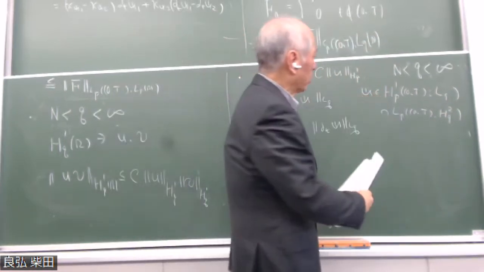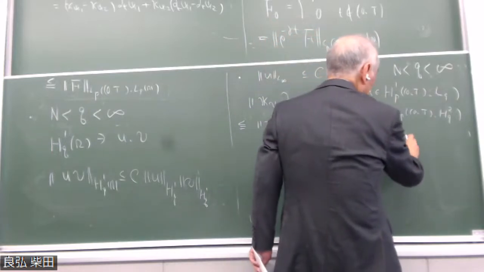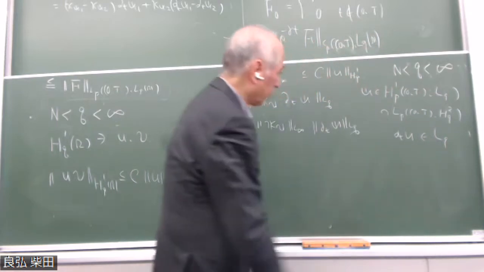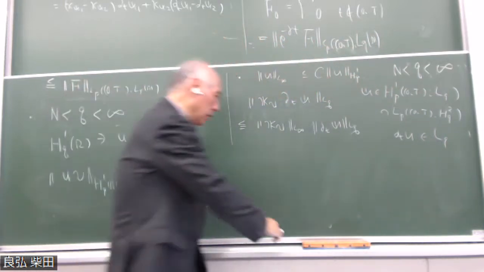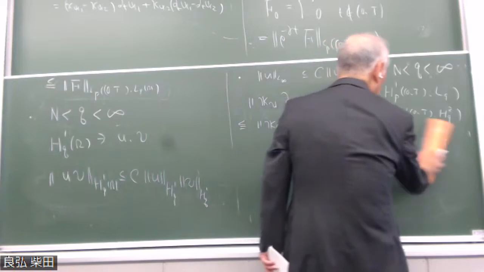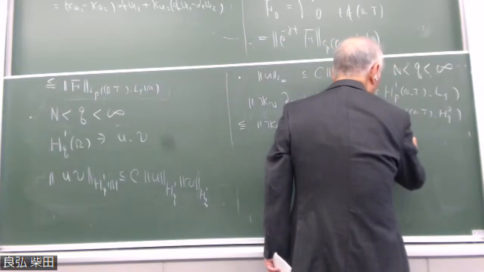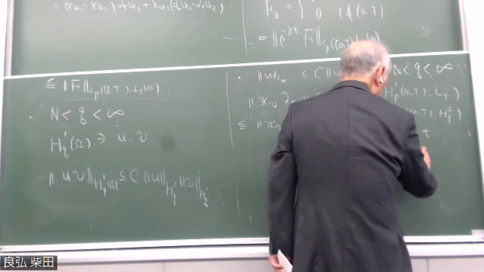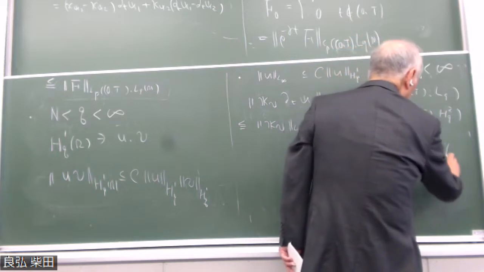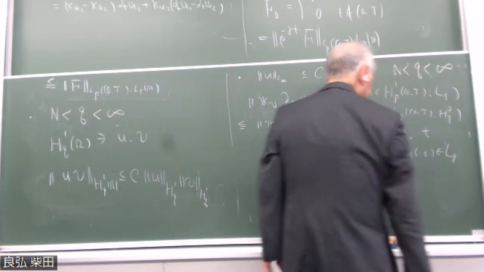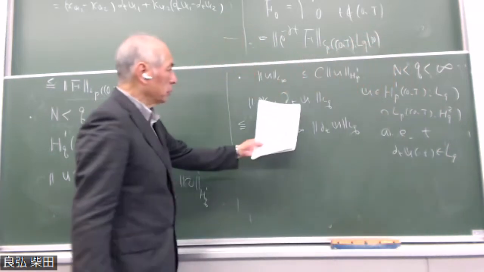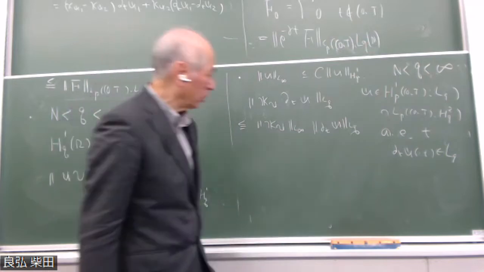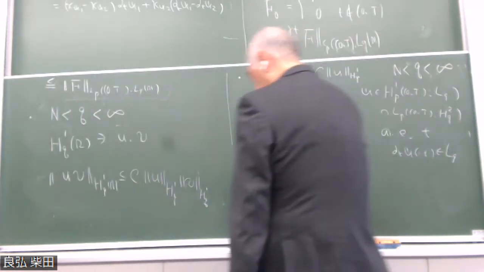So the time derivative DTU belongs to LQ for almost every T. DTU belongs to LQ in space. So you have to use the LQ norm for DTU. So this is, in some sense, the best estimate.